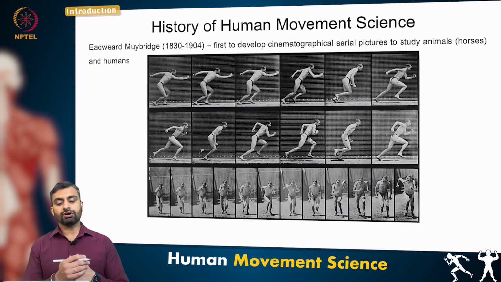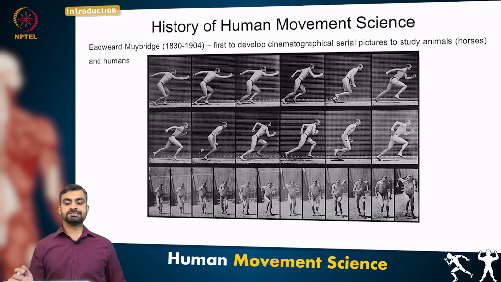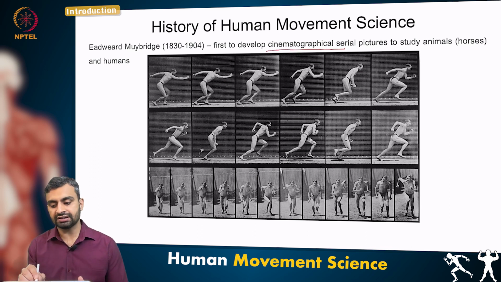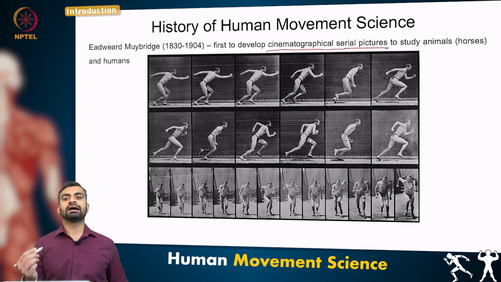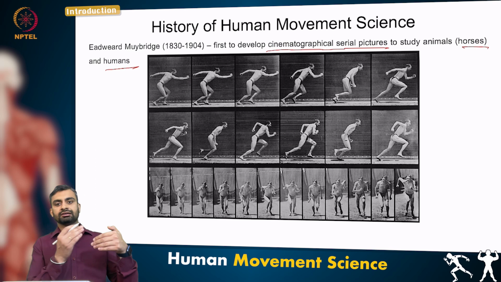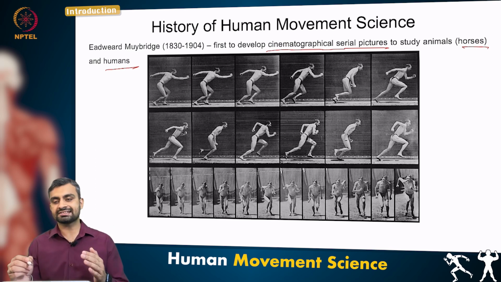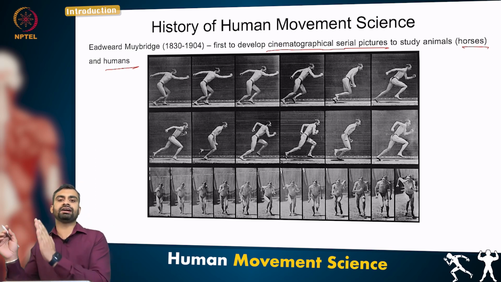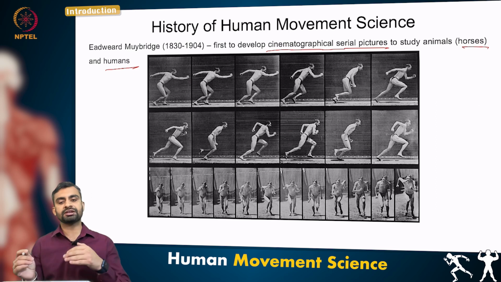When we talk about human motion science, Eadweard Muybridge was the first to develop cinematographical serial pictures to study animals, specifically horses, and then his work included humans also, as shown here, where the movement was captured as simple pictures at different time frames, and those pictures were analyzed.